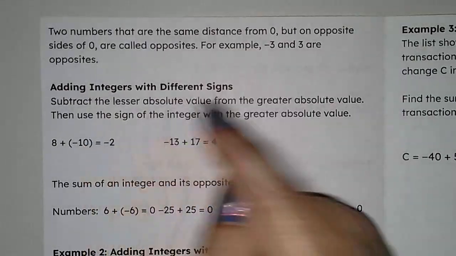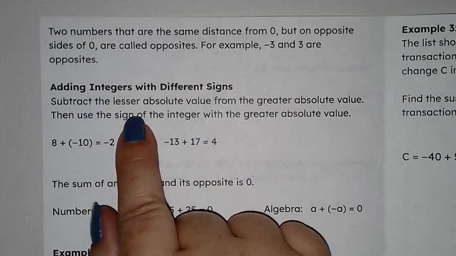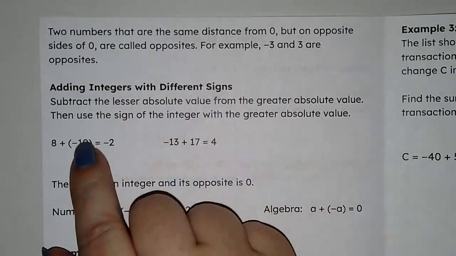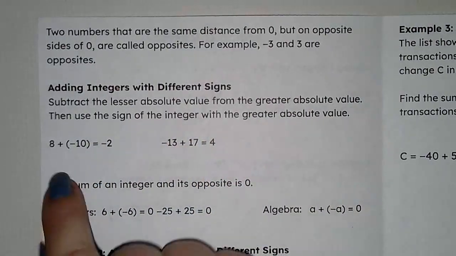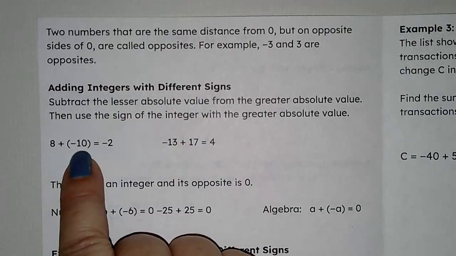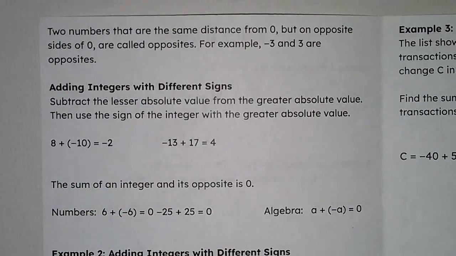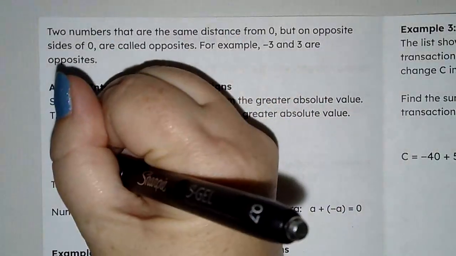Okay. And then if we're adding integers with different signs, we're going to subtract the lesser absolute value from the greater absolute value. Then use the sign of the integer with the greater absolute value. So like on here, 8 plus -10 is -2 because -10 has a bigger absolute value.